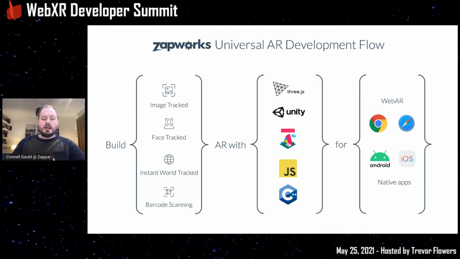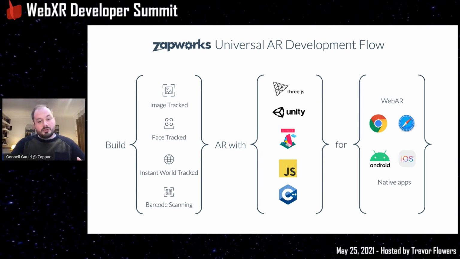And so in each of these cases, we make available an SDK which speaks the language of that platform. So if you're a Three.js developer, for example, our Universal AR SDKs provide a Three.js group for each of the different tracking types. So you understand as the Three.js developer how it fits within your ecosystem. And the same is true of the other examples.